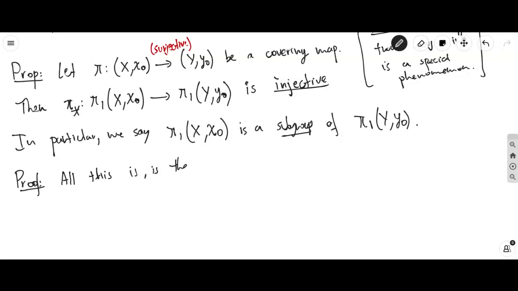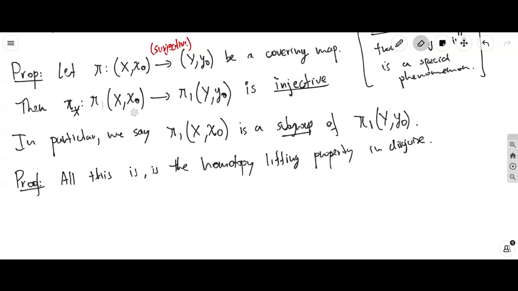All this is the homotopy lifting property in disguise. That's all it is. I think in the Braden book, he just says one sentence or something. I'm not even sure he writes a proof. It just follows from everything.